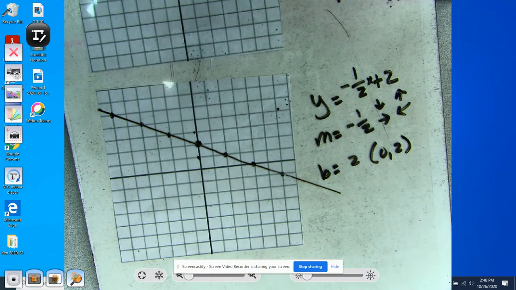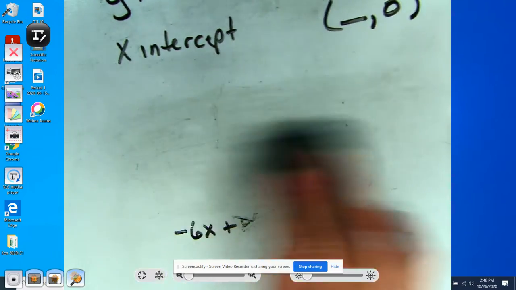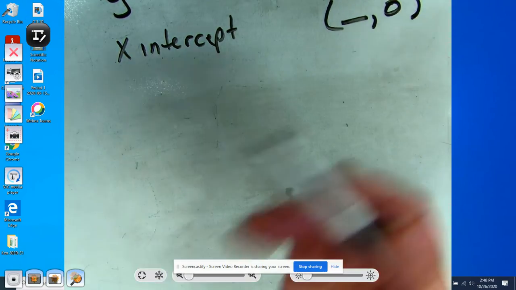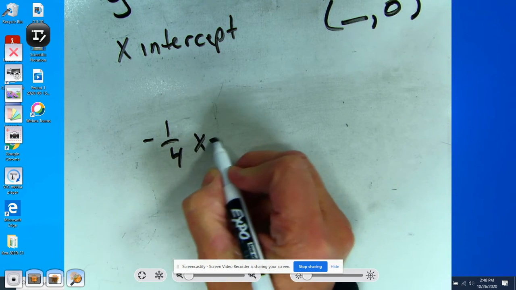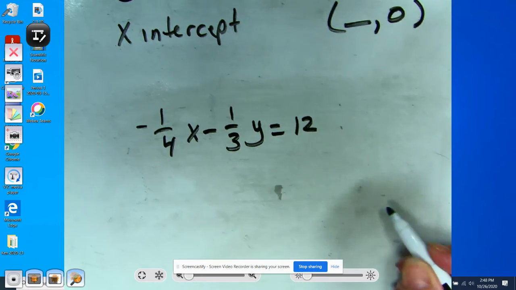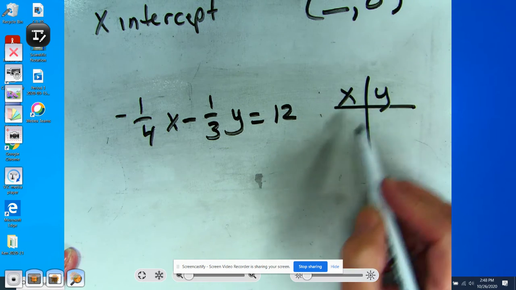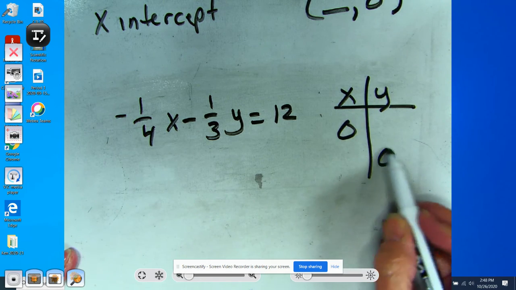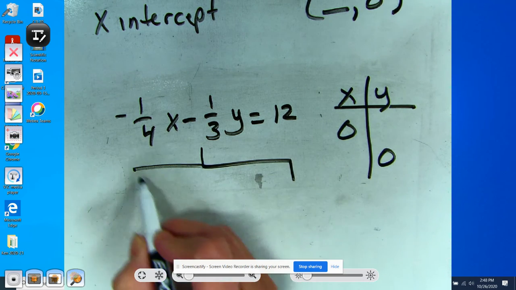So let's try another one, just to make sure we understand what we're doing. If I gave you something like negative 1/4 x minus 1/3 y equals 12, we're going to do it again. X and y, x is going to be 0, then y is going to be 0. So I'm going to write 2 different equations.